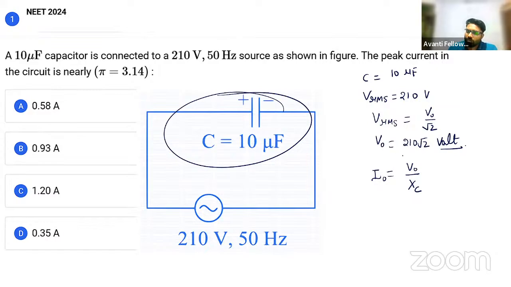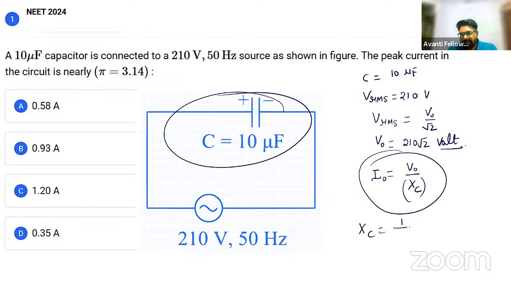Applying Ohm's law, V is equal to I into R, where R here is XC, the capacitive reactance. So the only thing you need to calculate here is XC, which is 1 upon omega C. One more thing, this 50 hertz is linear frequency and omega is the angular frequency, so you have to calculate omega in terms of f.